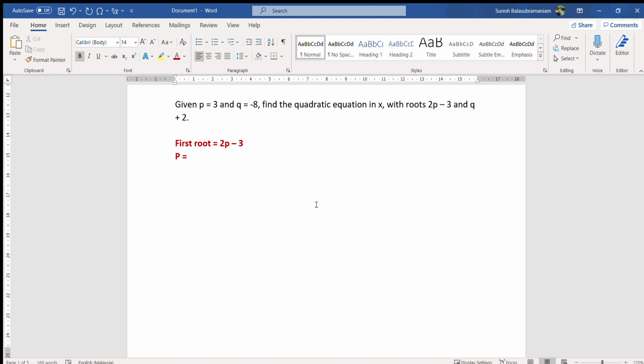Replace that. So we get first root equals to 2p minus 3. That will be 6 minus 3.